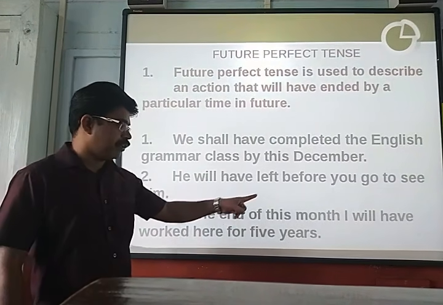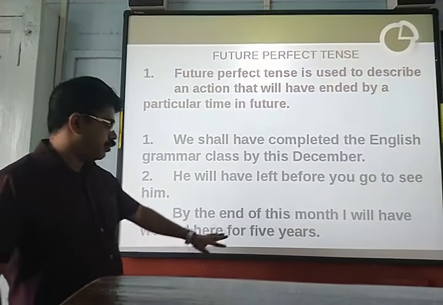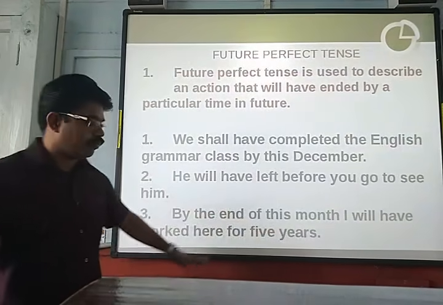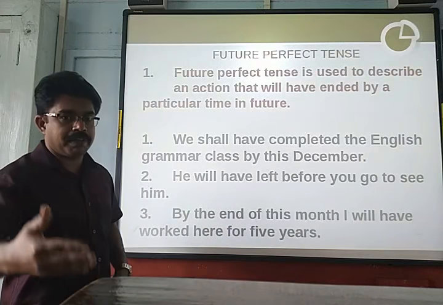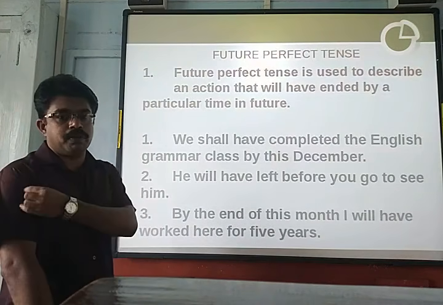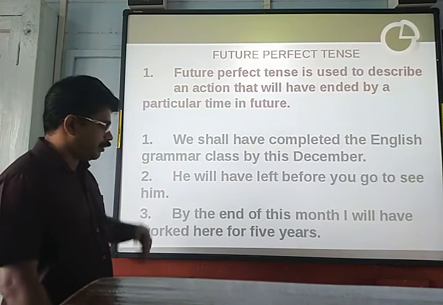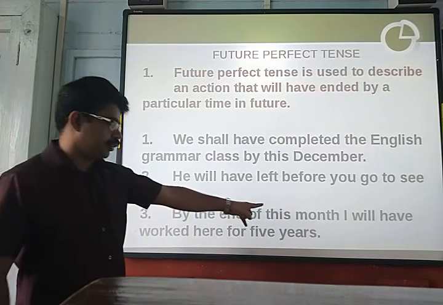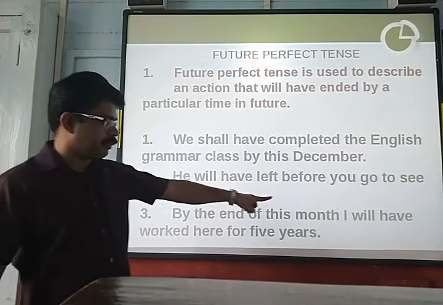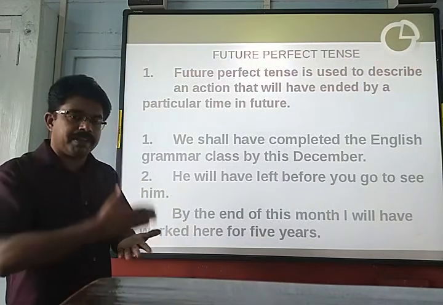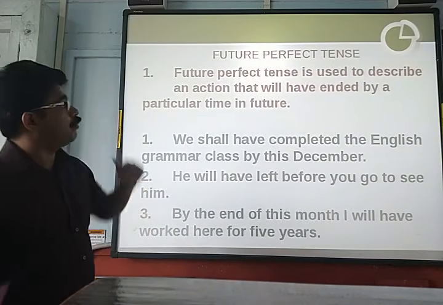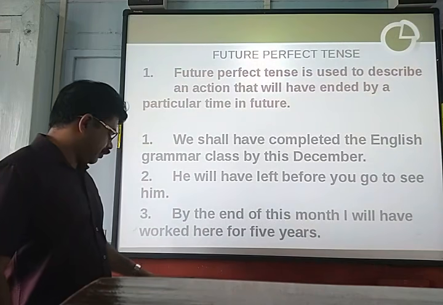By the end of this month, I will have worked here for 5 years. So activity that will have completed in the future. We know what is going to take place. So something that has been going on. So teaching, okay, by the end of this month I will have worked here. So activity will have completed. So that is about future perfect tense.